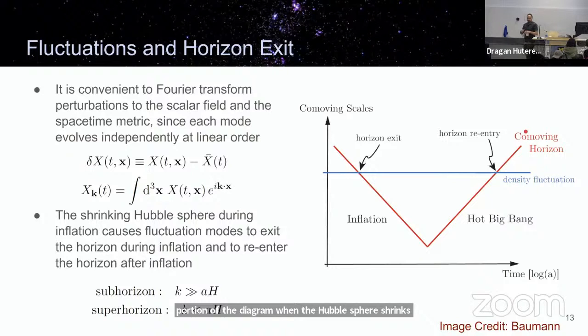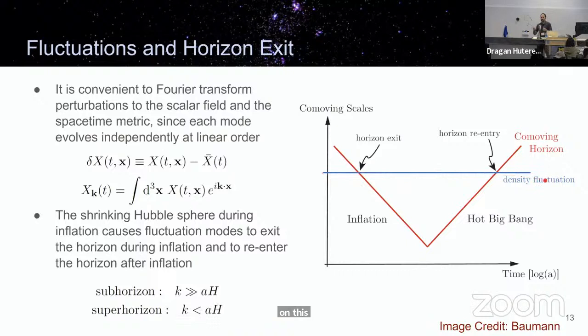Now, throughout inflation and after inflation, any given mode is stretched along with the expansion of space. And so the wavelength or the wave number of a mode is constant on this plot.